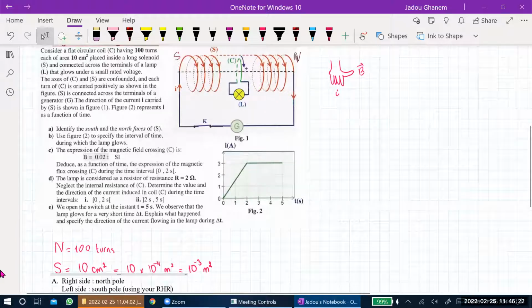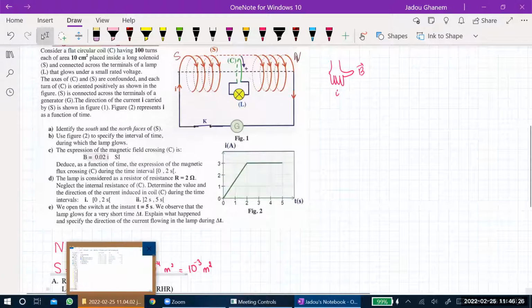Now we'll move to the second part, part B. I will wait a few seconds for this. They said to use figure 2 to specify the interval of time during which the lamp glows. So we have to specify a time interval for which the lamp will be glowing.